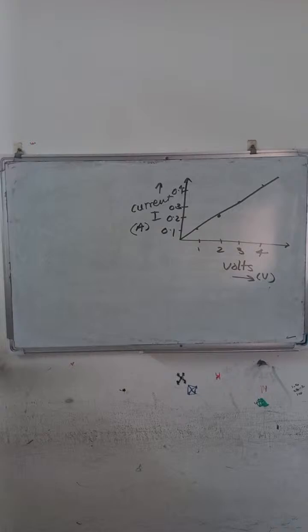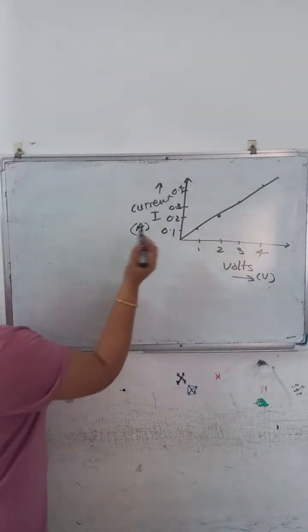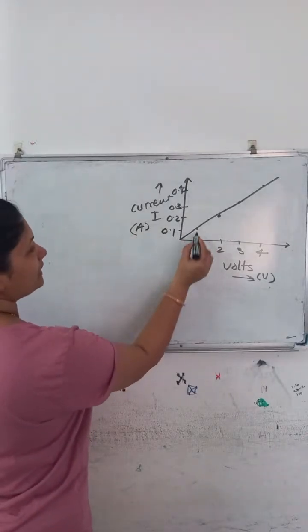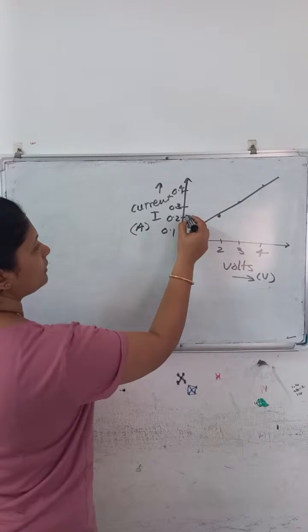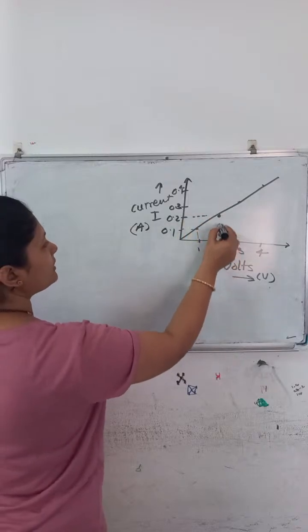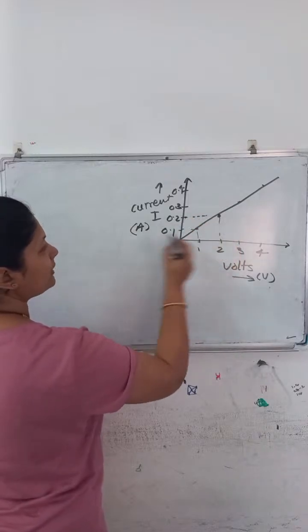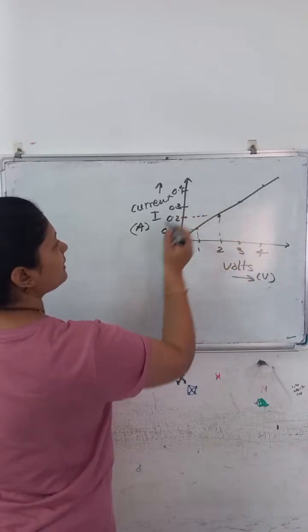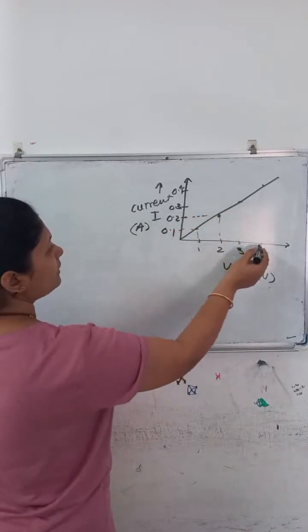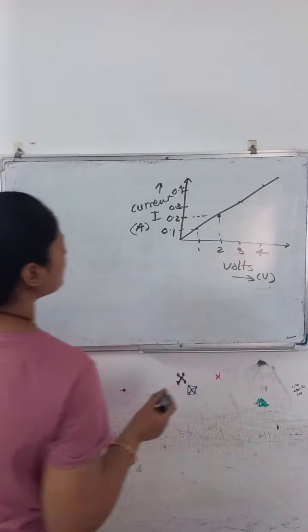If you check, when current is 0.1, voltage is 1 volt. When the voltage is 2, current is 0.2. When voltage is 3, current is 0.3. When voltage is 4, current is 0.4.